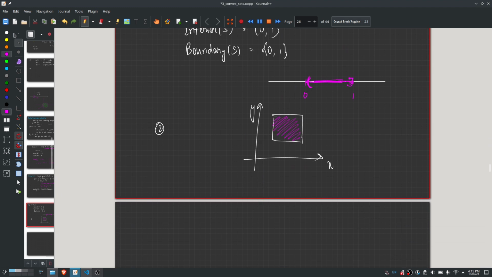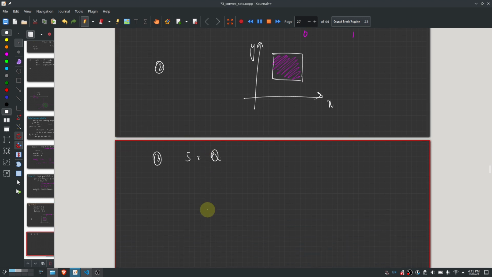So things can get a little more tricky. Suppose I take S equal to the set of all rational numbers. What is the closure of S?